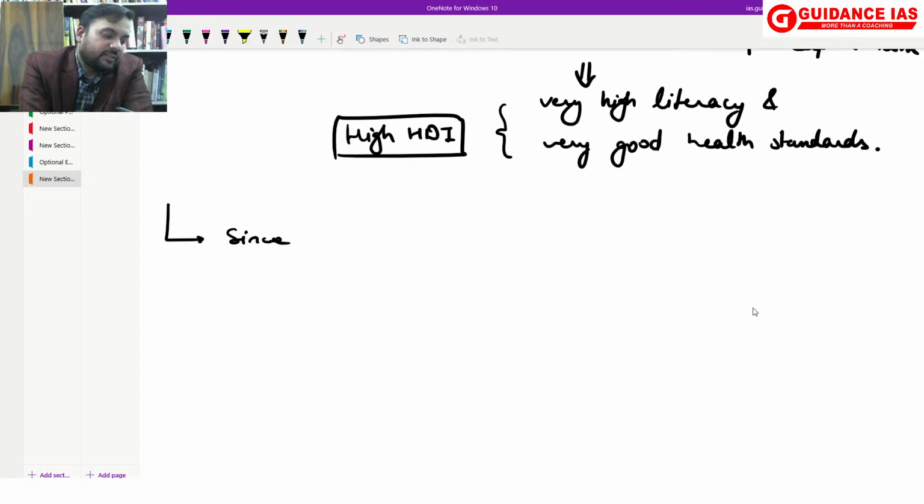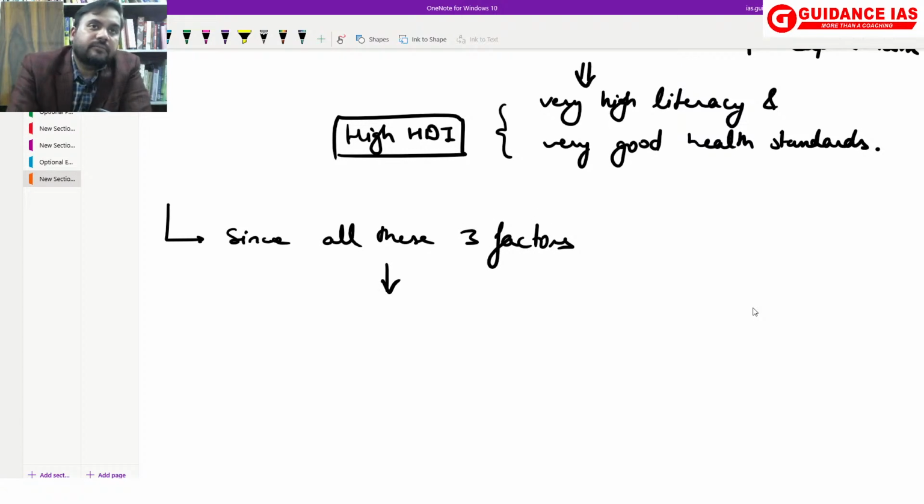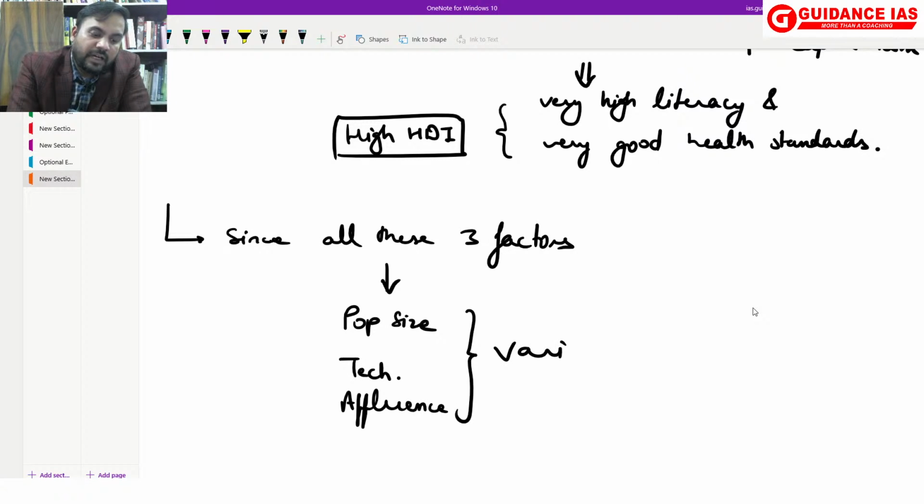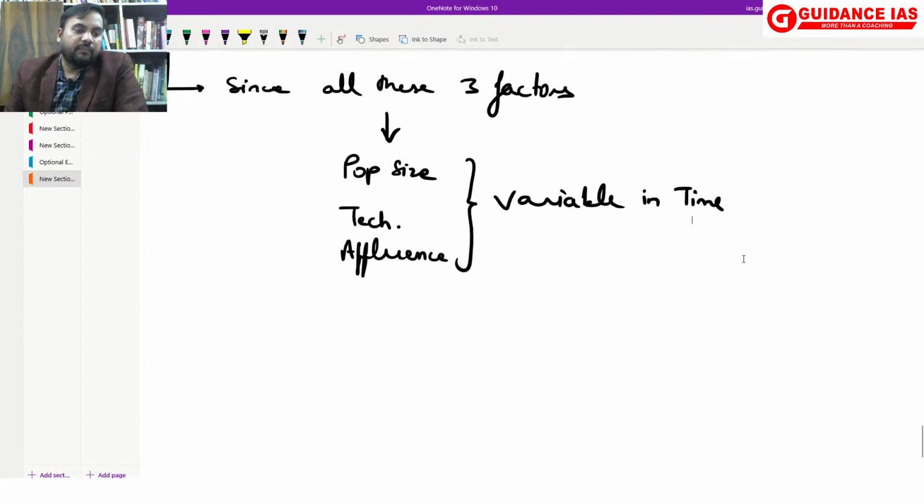that is population size, technology and affluence, are variable in time, what will happen?